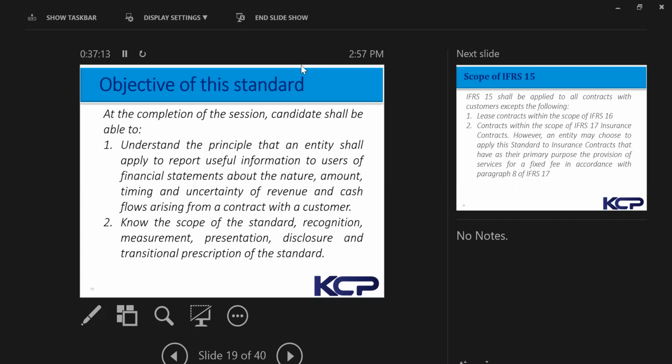Let me give you a typical example. A real estate company makes a sale of land worth 40 million, right? One accountant disclosed it there that sales of land, 40 million. The other accountant just says revenue, 40 million.